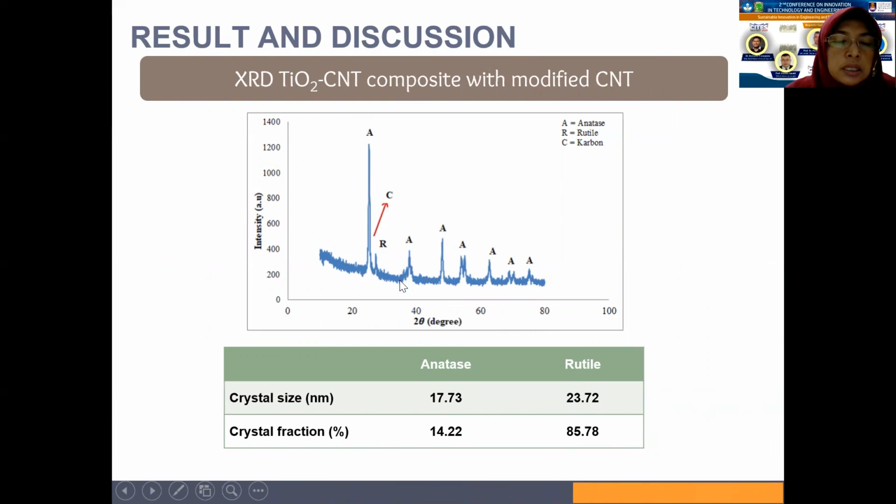From the XRD analysis, the crystal size of the TiO2 CNT composite with modified CNT using CTAB was obtained using the Scherrer equation. The crystal size and crystal fraction for anatase and rutile are shown.